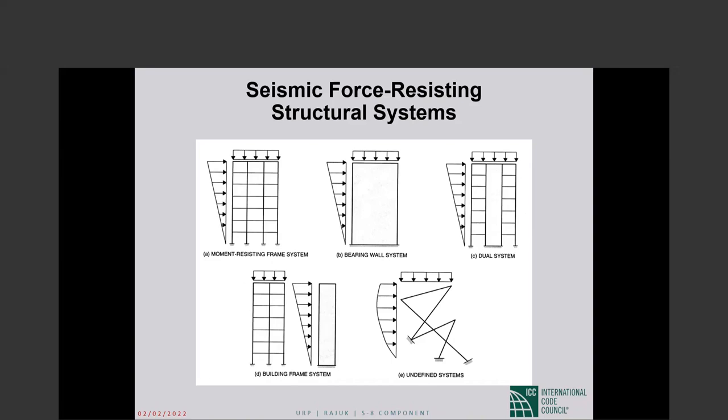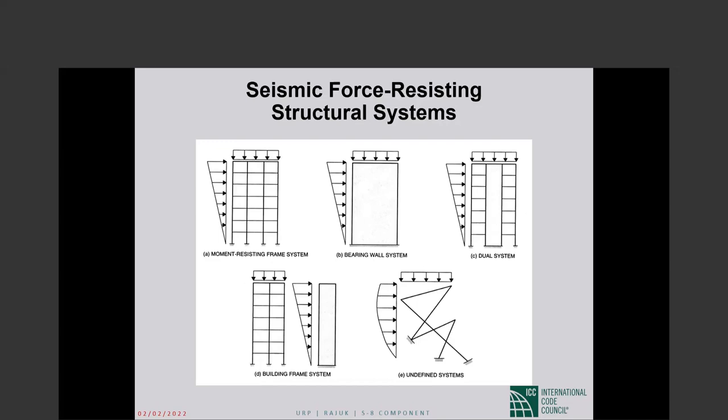Okay, so the dual system, the frames and the shear walls must be designed to carry their share of gravity loads and lateral loads. And in addition, the frames must be designed to resist at least 1/4 of the design lateral forces.